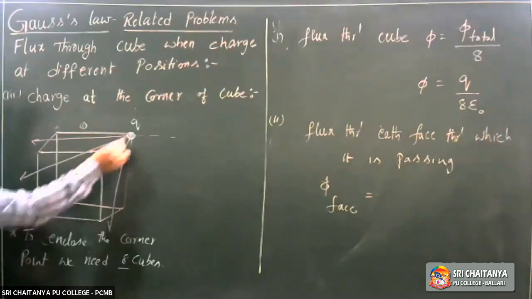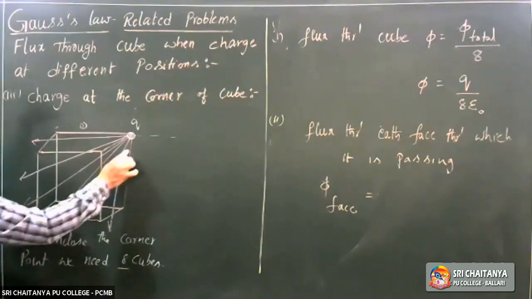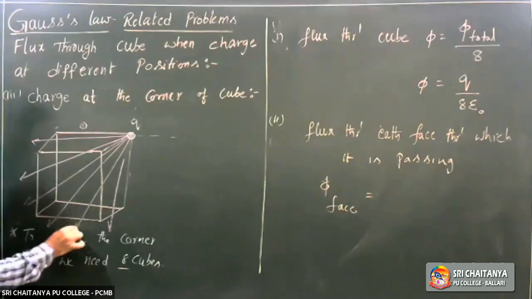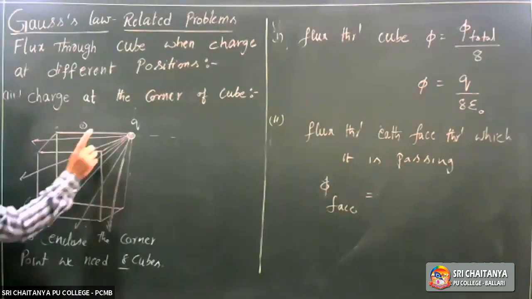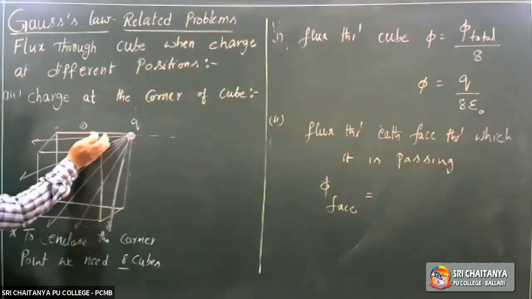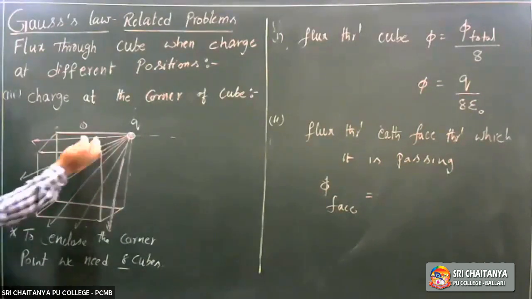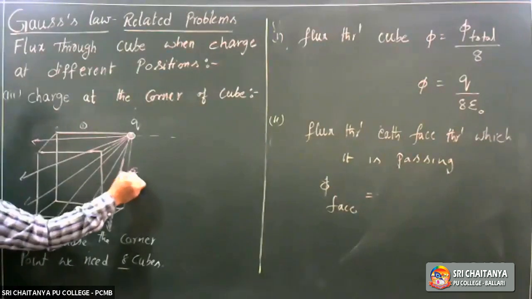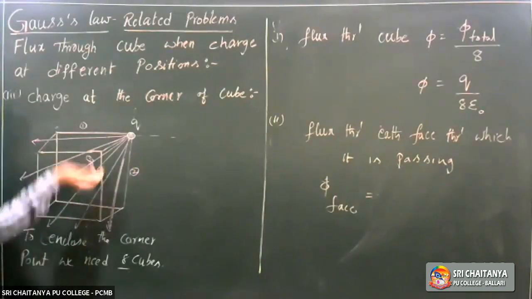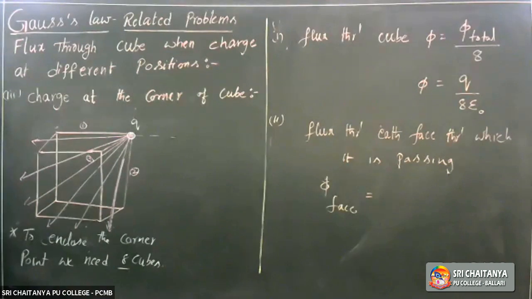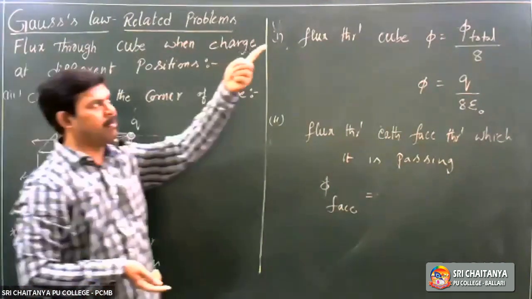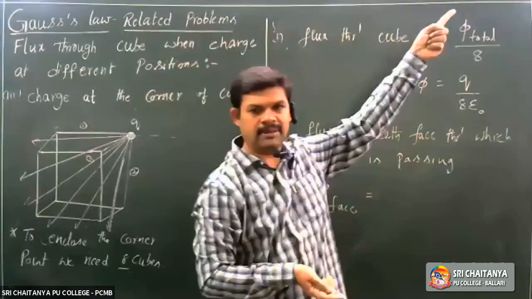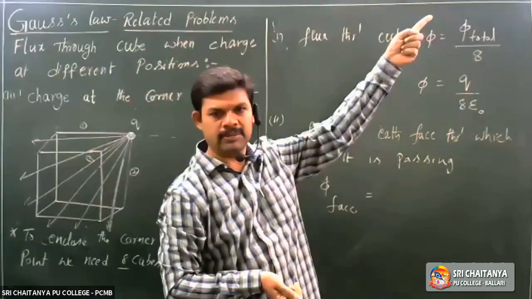It comes like this. And parallel to another face which you can't see on the board. So parallel to this face, parallel to this face and parallel to the back face, another face, right? See, at one corner I place the charge in the room.